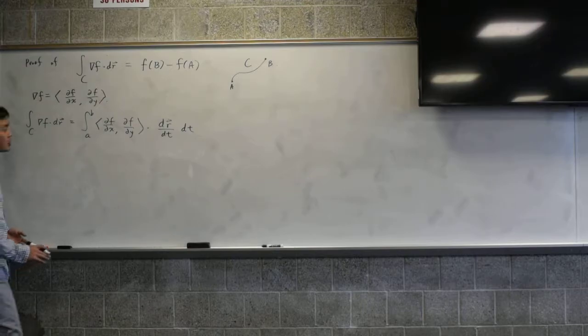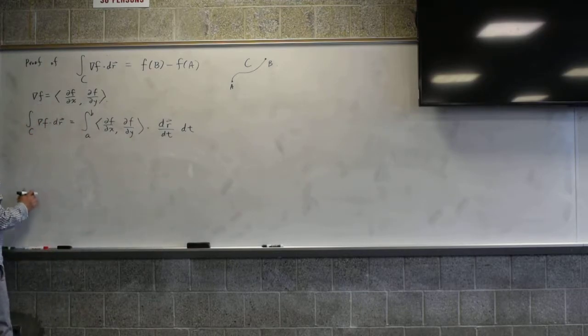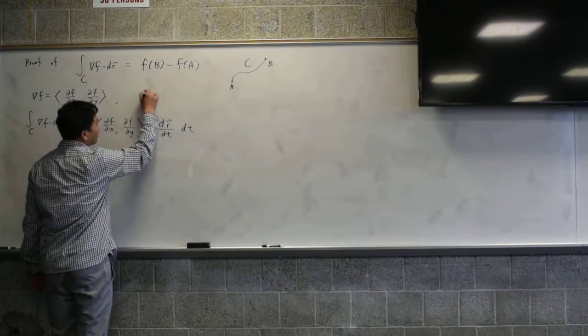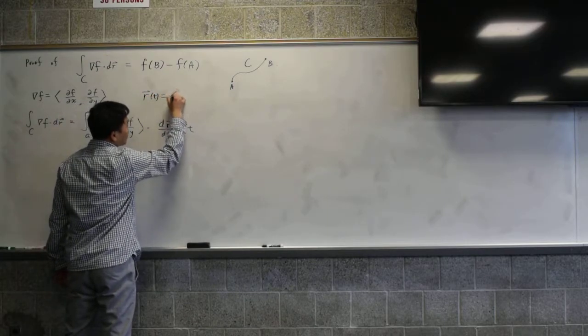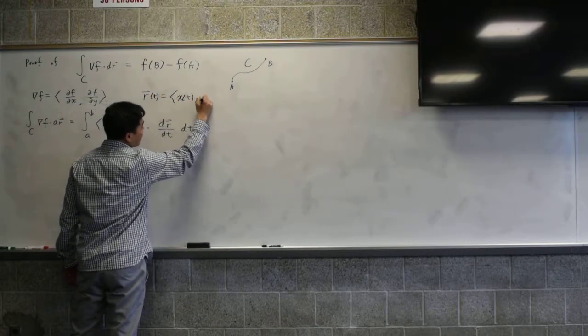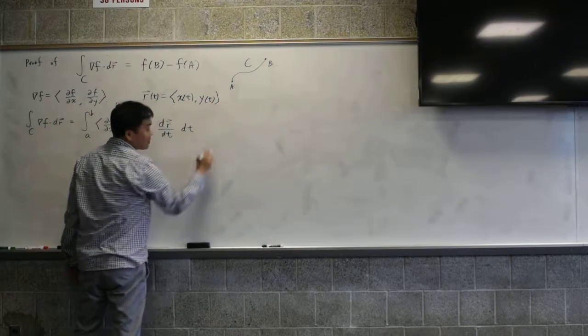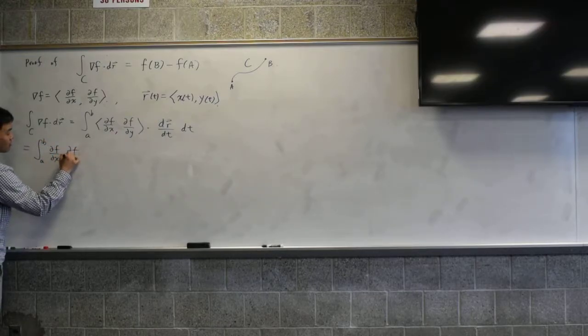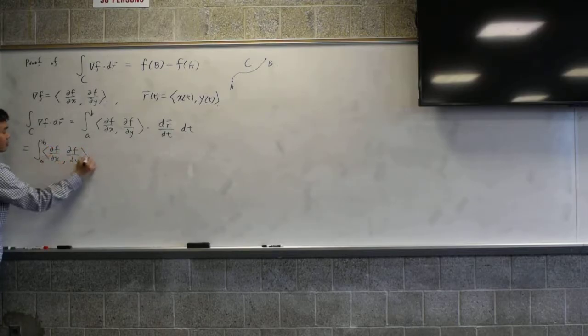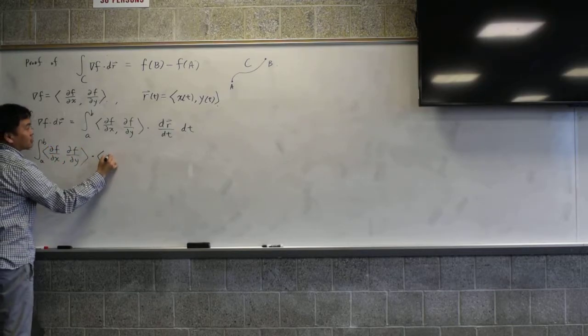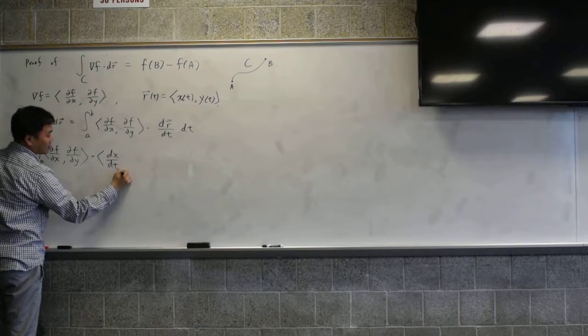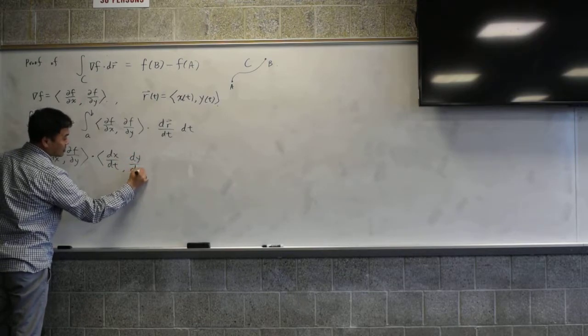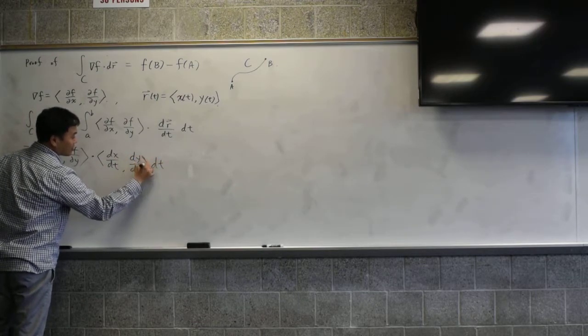Now let's actually write down what dr/dt is. What's r? r is made up of the function for the x coordinate and the function for the y coordinate. So we can furthermore rewrite this as ∂f/∂x, ∂f/∂y, dotted with dx/dt, dy/dt, dt.